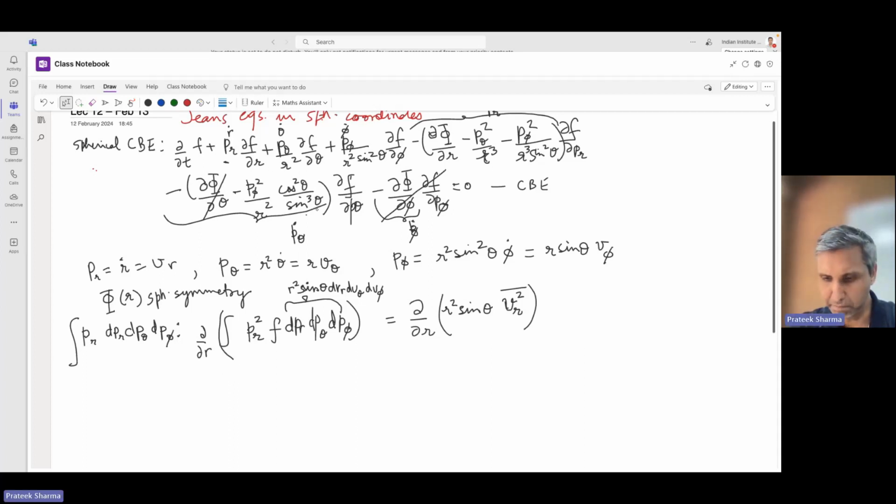Then let's see. This term, of course, we are making zero, because we are assuming axisymmetry: the ∂f/∂phi term. What happens to the next one? It's p_r p_theta by r squared times f dp_r, with a ∂/∂theta. This ∂/∂theta can come out because p_theta and r are both independent variables.